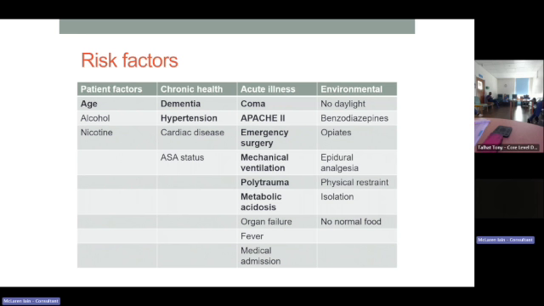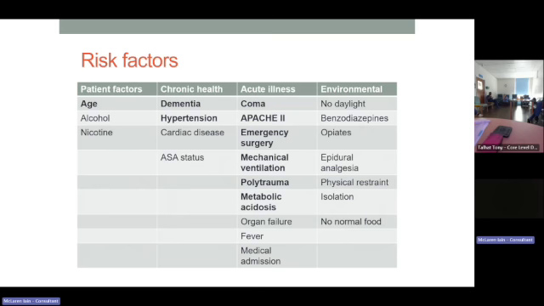Patients with underlying cardiac disease, particularly patients who have suffered myocardial infarction, are at high risk, as are all patients who are generally sicker, so patients who are at the higher end of the ASA scale. In the acute situation, patients who have suffered coma for whatever reason are at risk.